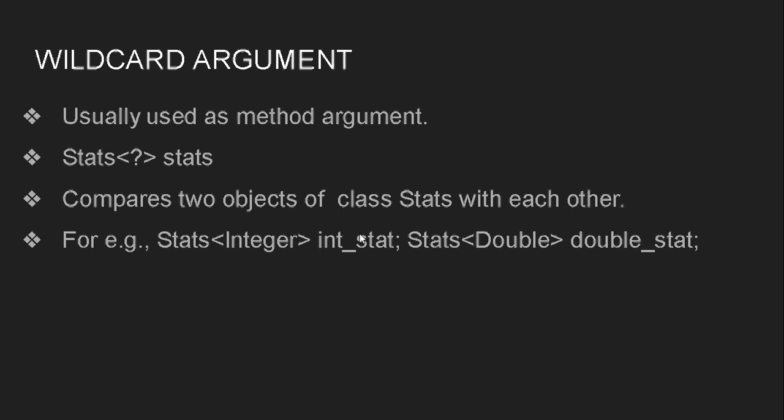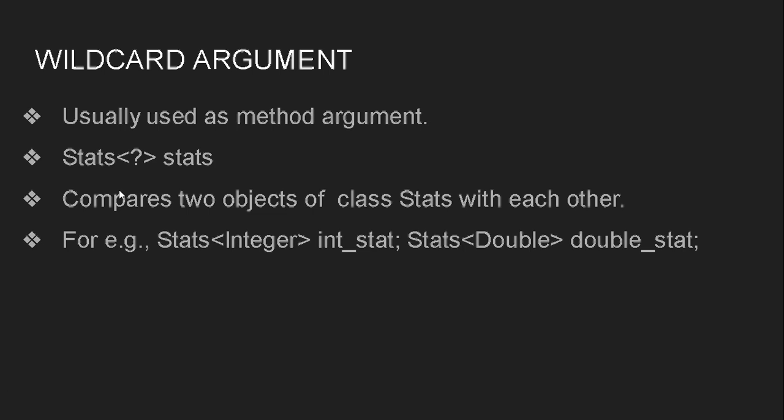Now a doubt will arise in your mind: why am I using a question mark here, why can't I use T here? You need to remember that if I am comparing, let us say, intStat with doubleStat, intStat is the object of this class Stats with the type parameter Integer, and doubleStat is the object of this class Stats with the type parameter Double.